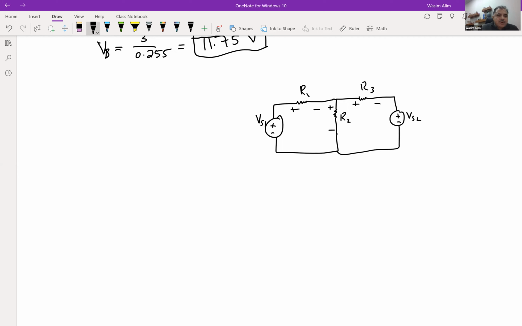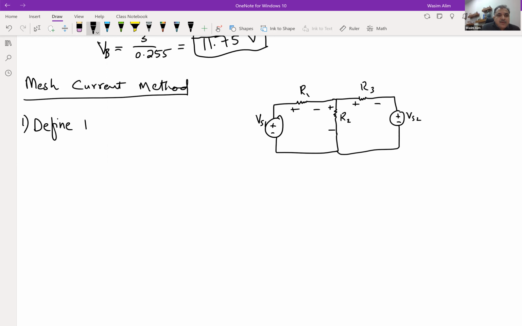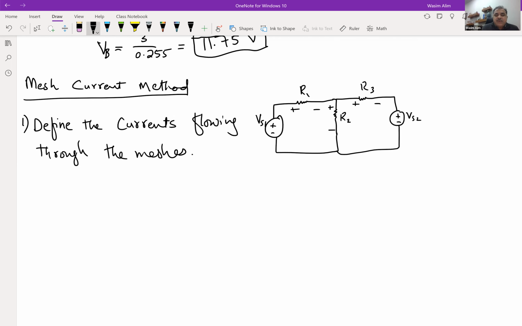So let's describe this process. The first step here is that we have to define the currents through the meshes. Now we have two meshes or two loops.